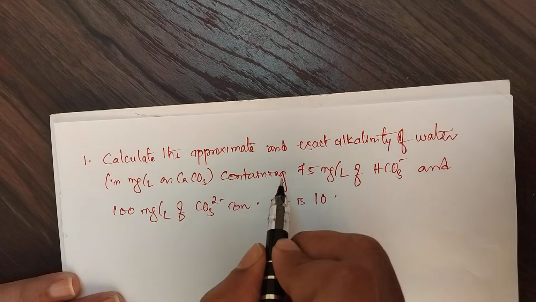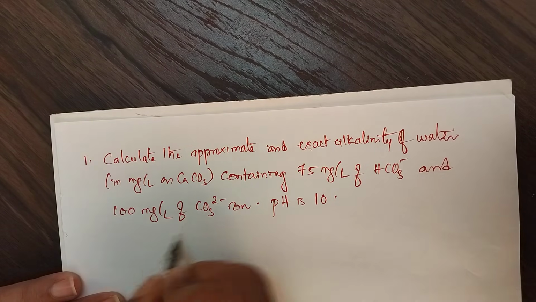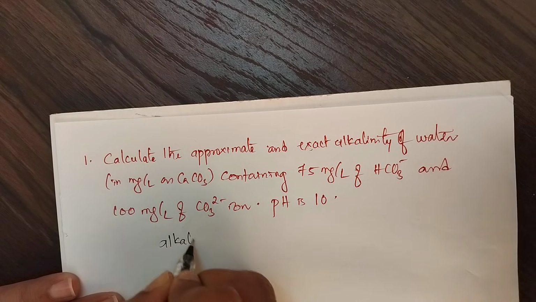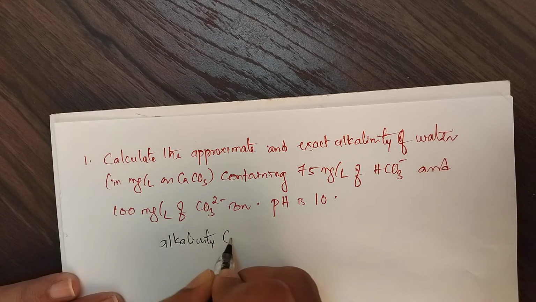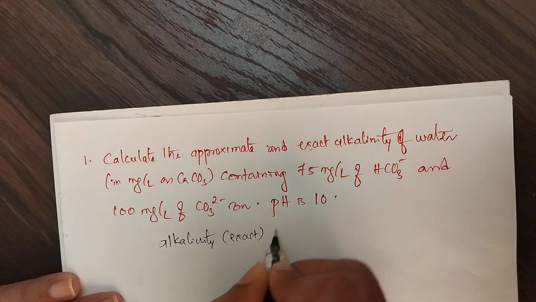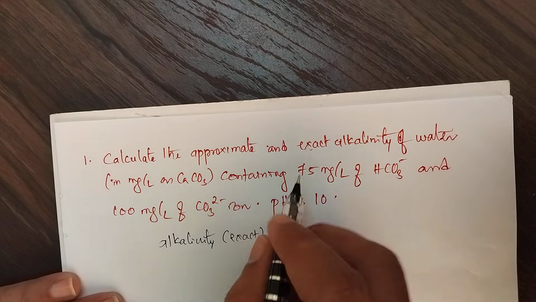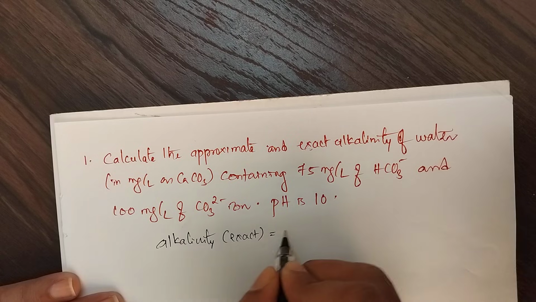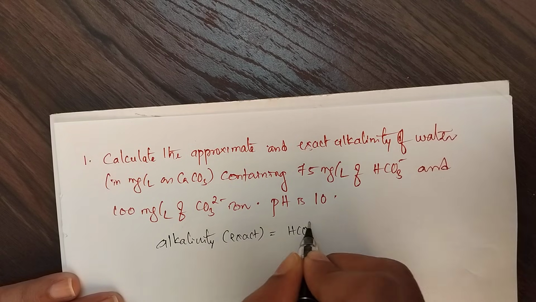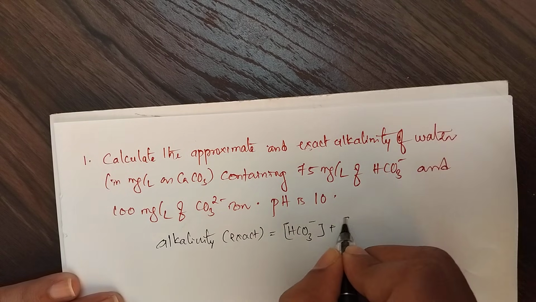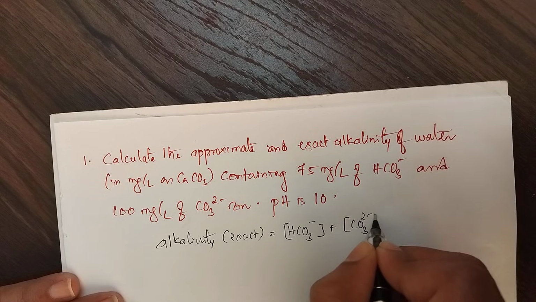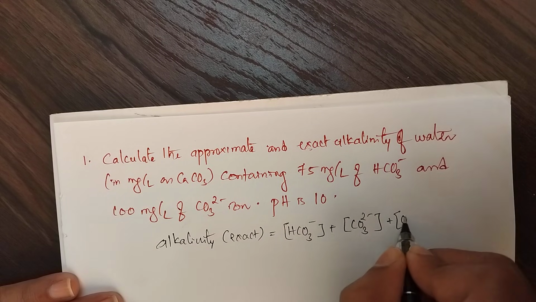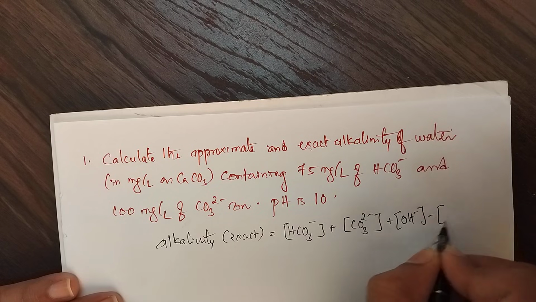to calculate approximate and exact alkalinity, let us write the definition. The alkalinity, which is basically the exact alkalinity, is simply the concentration of all the basic ions, that is HCO3 minus ion concentration plus CO3 2 minus ion concentration plus OH minus H plus.